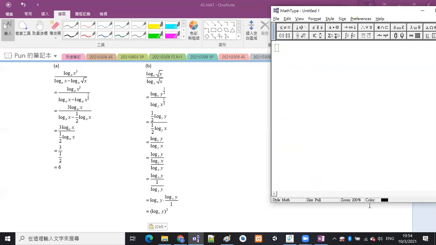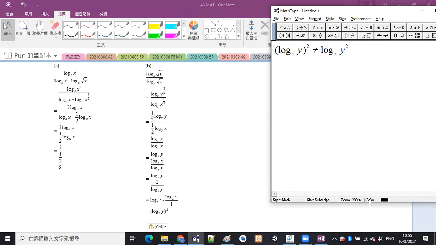What I am saying is, please note that this one is wrong. First of all, they are not equal. Can you see the difference? What is the difference here? On the left-hand side, the square is for the log y base x.